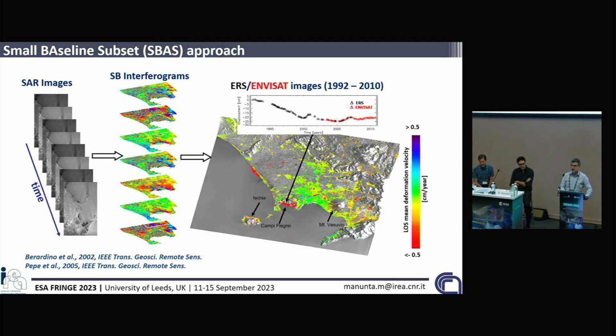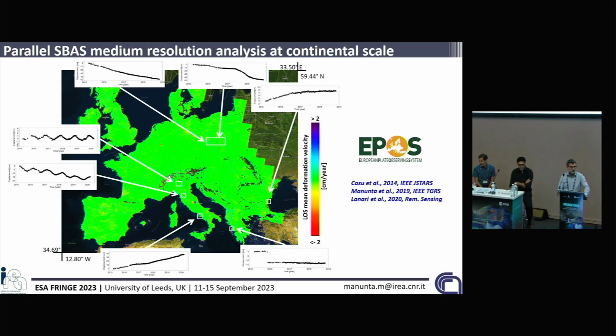Even if the algorithm has not been developed for any specific multitemporal approach, we tailor it on the small baseline subset algorithm. I'm pretty sure that you know the SBAS approach, so I don't need to go into the details, because SBAS was presented more or less 20 years ago and has been applied with different SAR systems in different deformation scenarios for different applications.